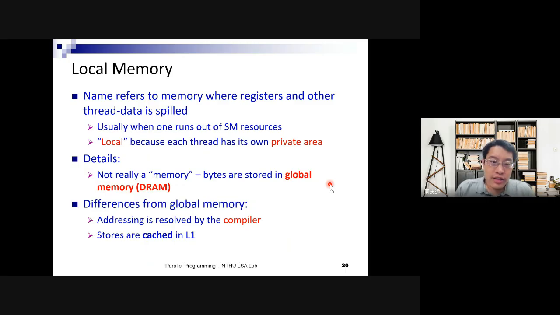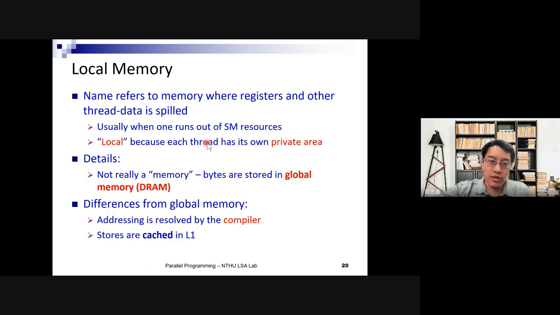The second layer is the local memory. Or I shouldn't say layer, but as I mentioned, if it's spilled out, it goes to local memory. We already know what a local memory is. It's a local variable, stored in a private area that can only be accessed by a thread, so you don't have any synchronization problem.